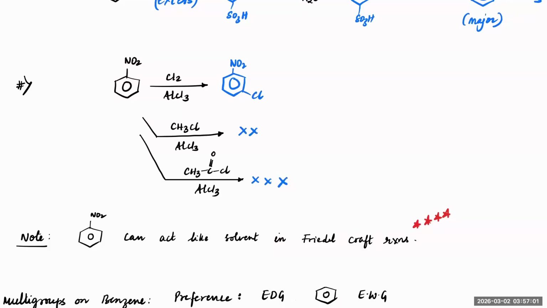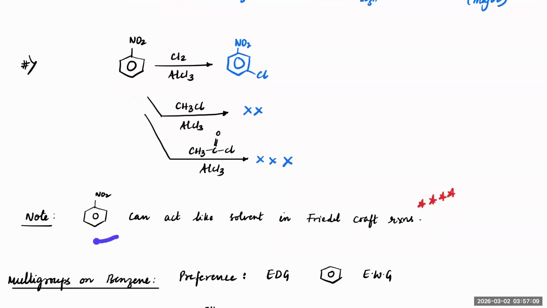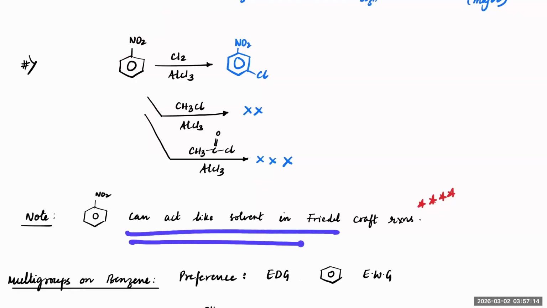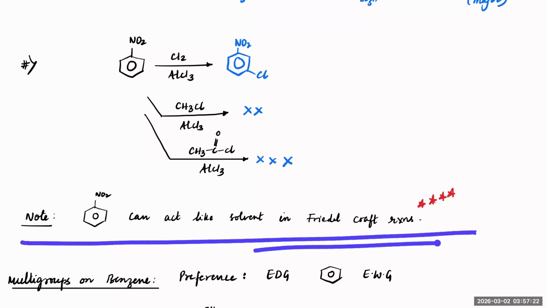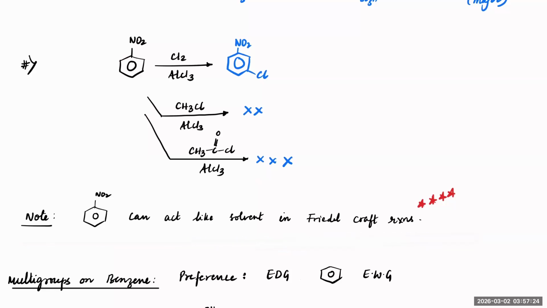So no alkylation, no acylation happening here. Because of this, nitrobenzene is usually used as a solvent in Friedel-Crafts reaction because it is inert. In Friedel-Crafts reaction, nitrobenzene will not do anything. And since it is an inert compound, we can use it as a solvent in Friedel-Crafts reaction. This has been asked multiple times, an important statement, so learn that.